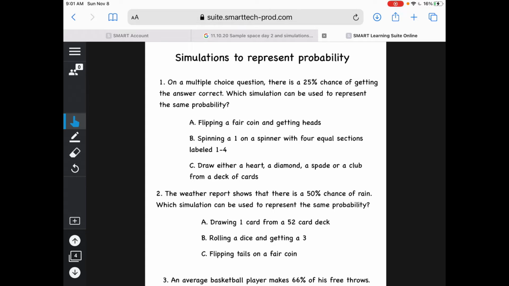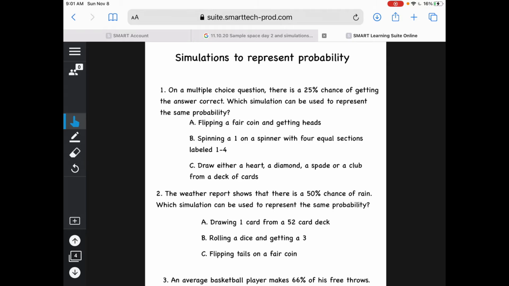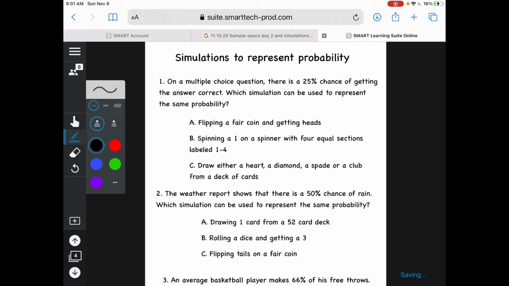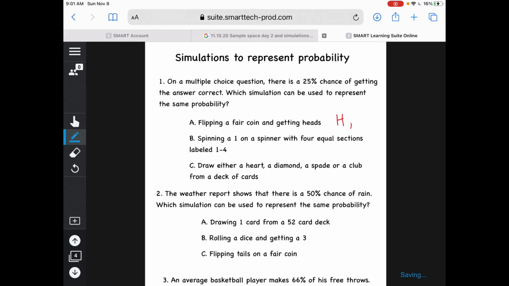So flipping a fair coin and getting heads. So to flip a fair coin, remember, if you flip a fair coin, you either get heads or you get tails. So this would be a 50% chance because you can either get heads or tails.